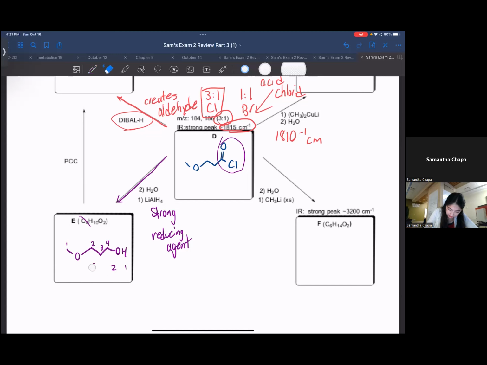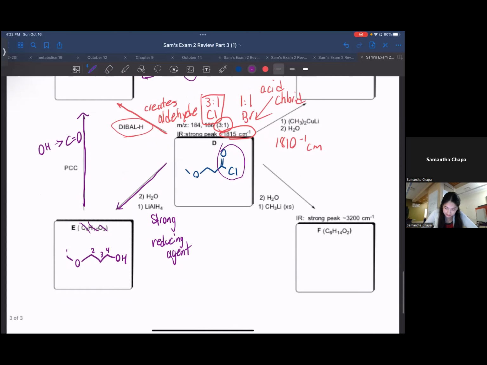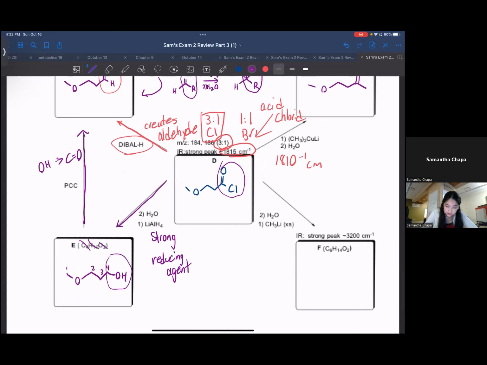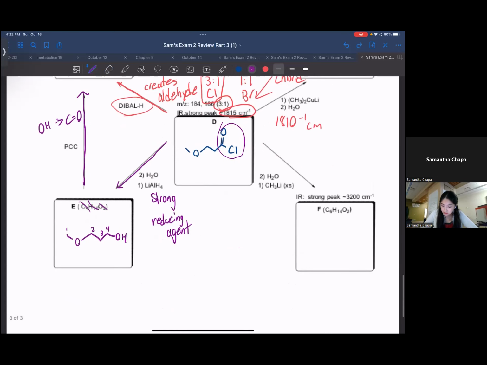So I have a total of 10 hydrogens and a total of 2 oxygens. So this should be our right compound. And then just to check myself, I can use the PCC. PCC turns alcohols into carbonyl groups, and that's exactly what happened right here. So this alcohol right here is going to turn into a carbonyl group and have the leftover hydrogen as well. So we're good with that one.